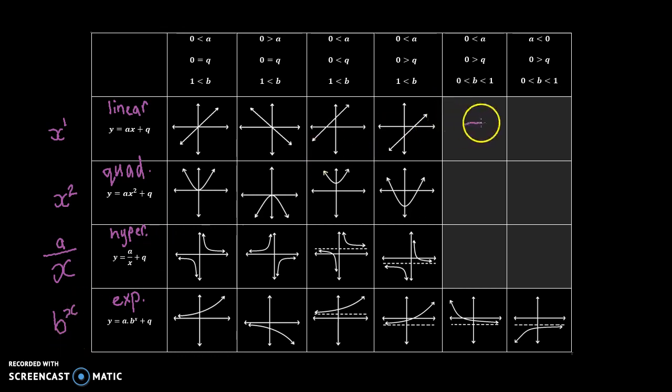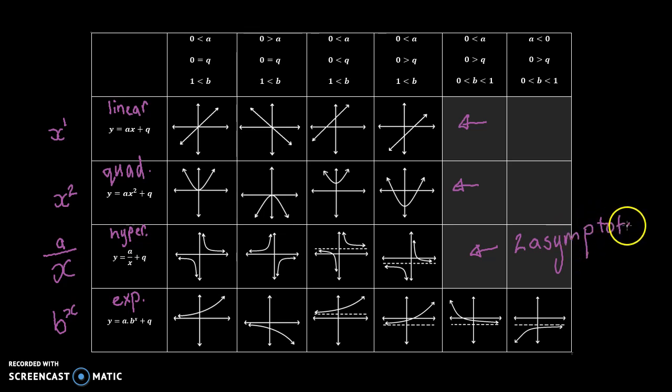Now, obviously, linear functions are going to be straight lines. Quadratics are going to be parabolas, then hyperbolas form this cool 2-part function. And the reason why it forms a 2-part function is because it has 2 asymptotes. And that's quite nice.